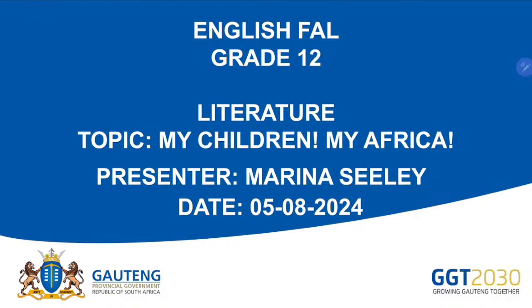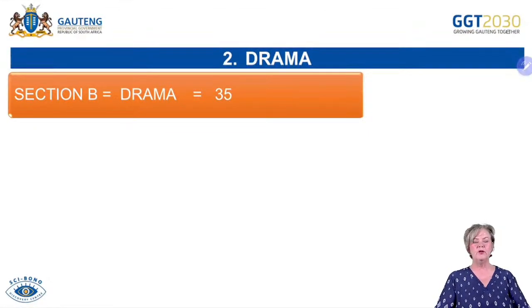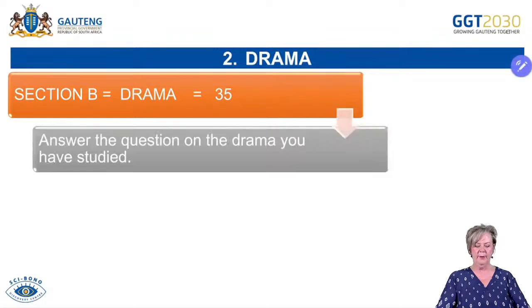Today we are looking at paper 2, and we are focusing on My Children, My Africa, the drama. Let's recap quickly. The drama consists of 35 marks, and that you will find in section B of your question paper. You need to answer the question on the drama that you have studied.